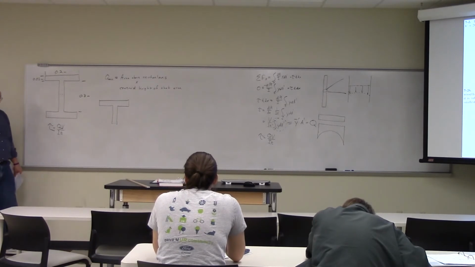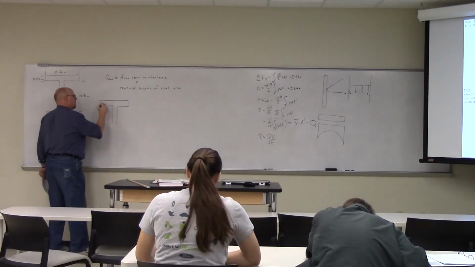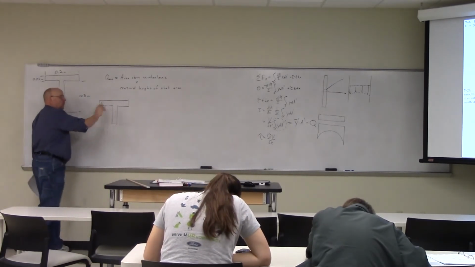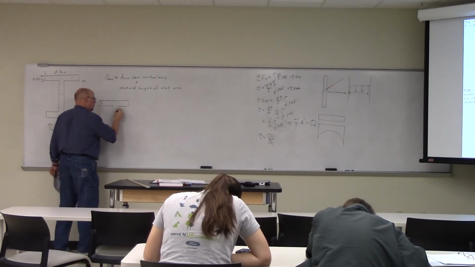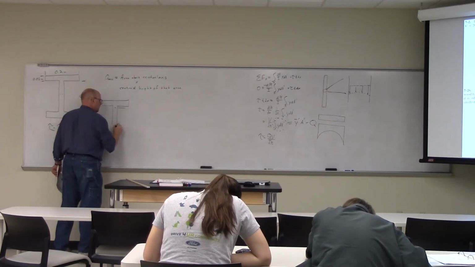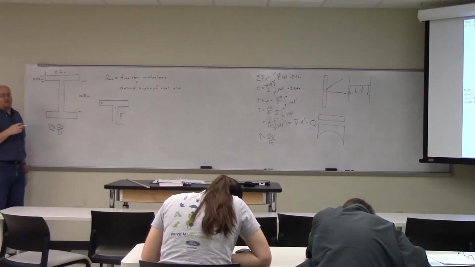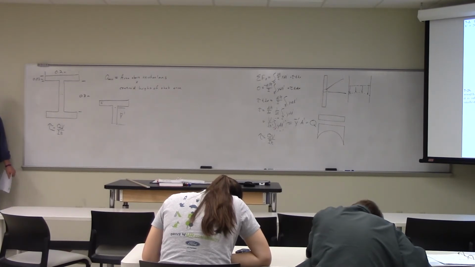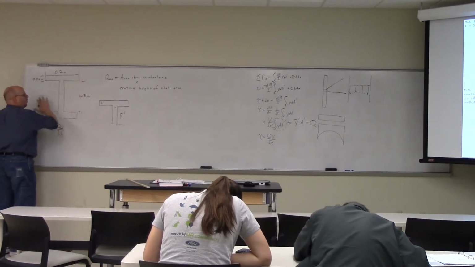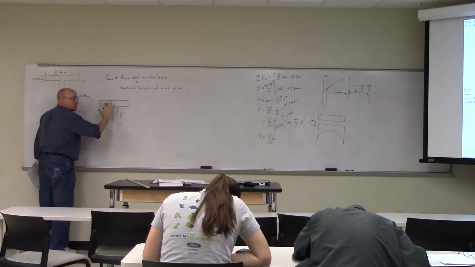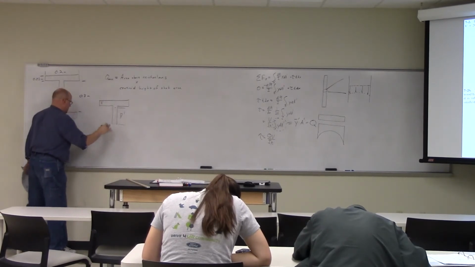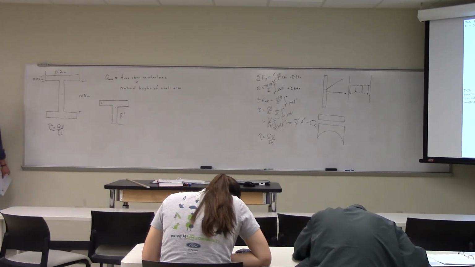So Q is going to be based on this A prime, and then we have to find the position y bar prime, the centroid of just the top half. So we have to find the moment of inertia of the whole thing, and the centroid and area of the top half, and then the rest of it falls out.